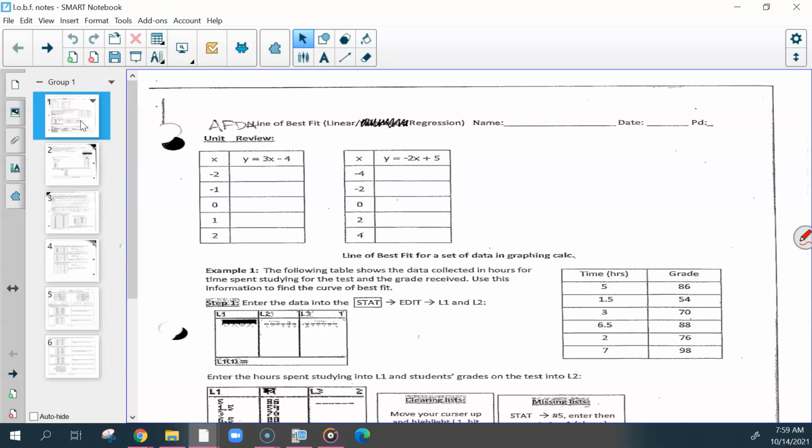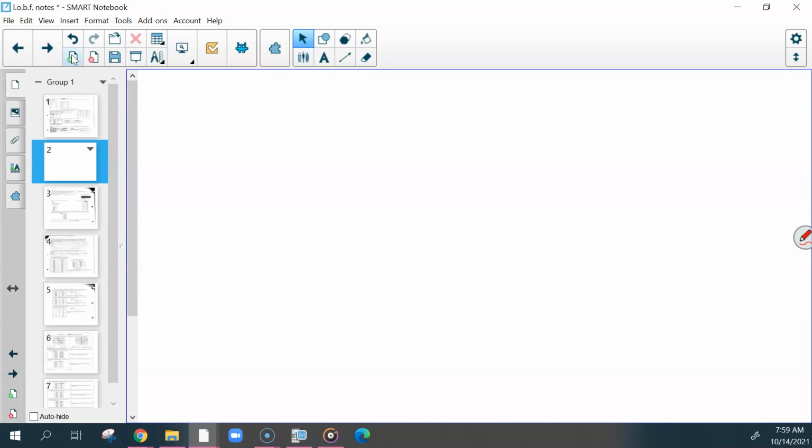Somewhere where you have blank space on your notes, I'm going to just write it at the top of this, but you can write it anywhere else. Write these two words.